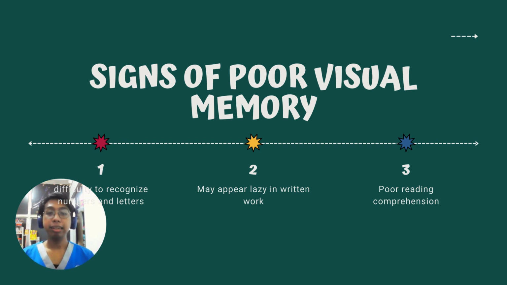And then the second one is they may appear lazy in written work. For example, we want them to write, but they feel malas lah, ataupun macam tak ada mood nak buat written work. It could be because of poor visual memory. Because remember, I talked about visual sequential memory, right?